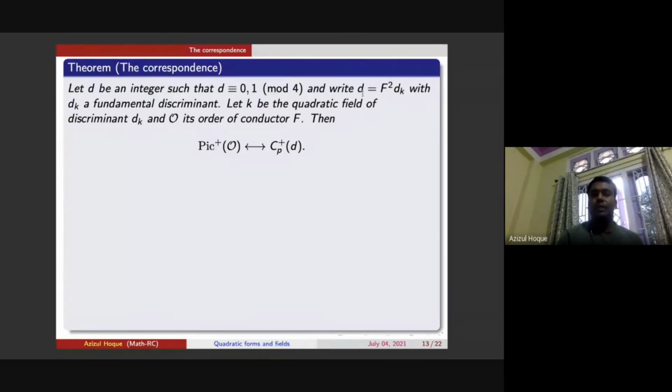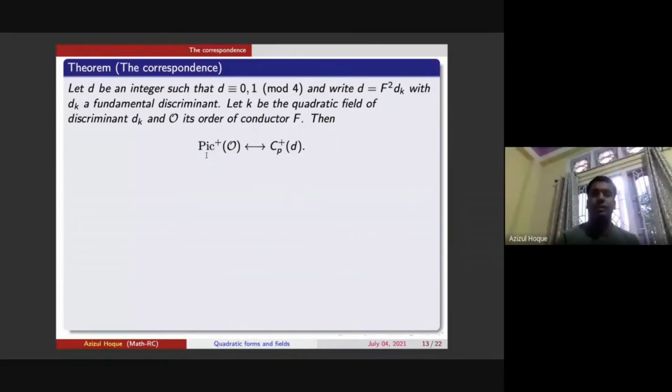So I can write D is equal to f squared into D_K, where D_K is the square free part of D. This D_K is called the fundamental discriminant, and this f will be the conductor of some order. With the help of this D_K, I'm considering a quadratic field, say Q(root D_K), and O is an order of conductor f.